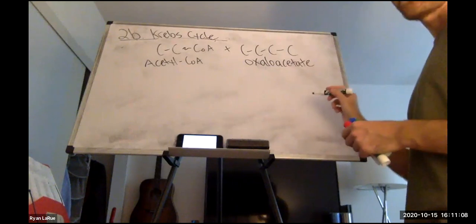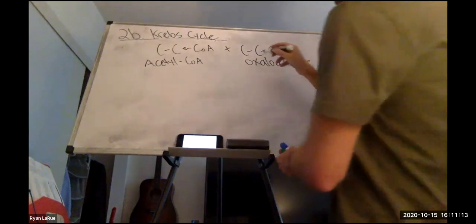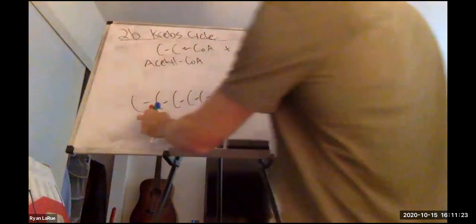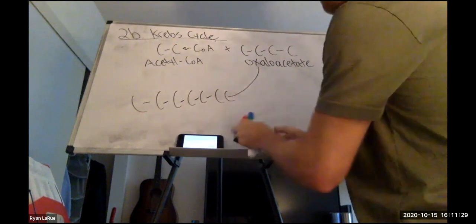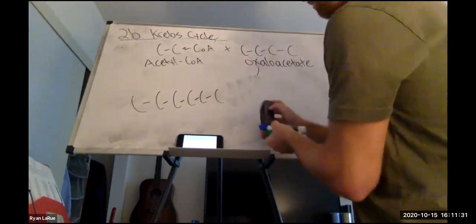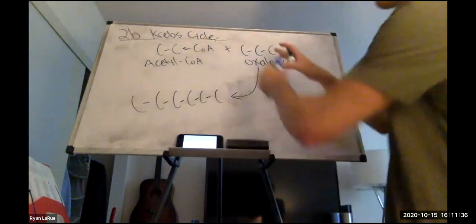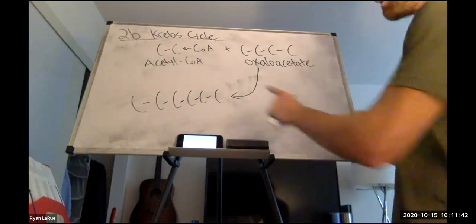That's the first step of the Krebs cycle. And so now that has 6 carbons, right? 1, 2, 3, 4, 5, 6. So that combination is the first step. And this 6-carbon molecule is actually called citrate.